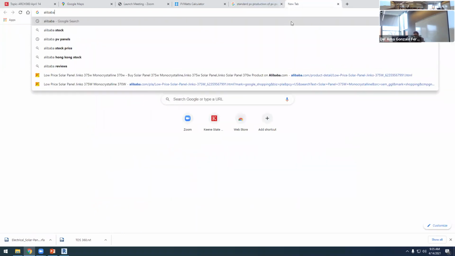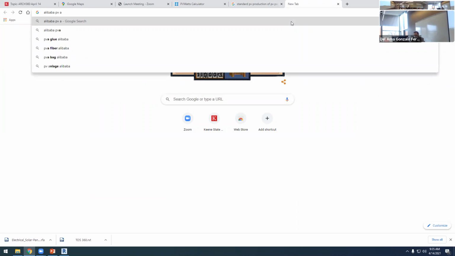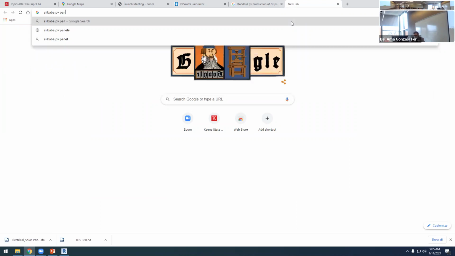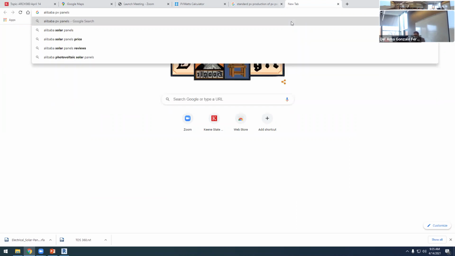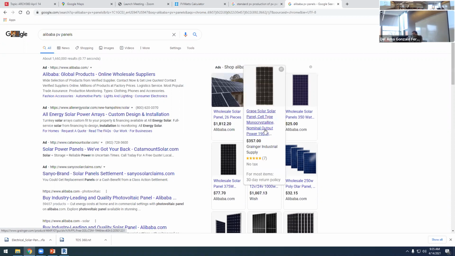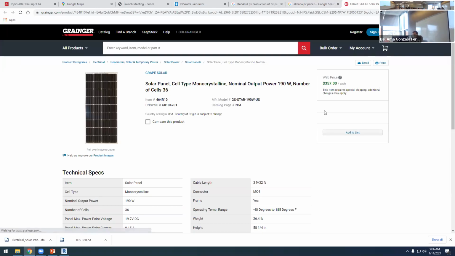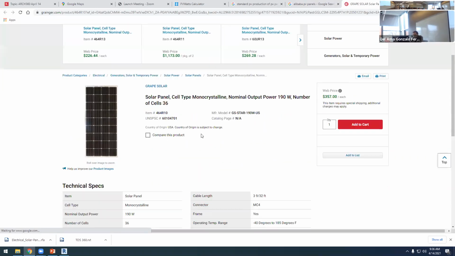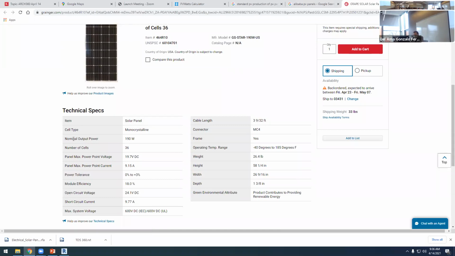Alibaba. Okay, I want to see. Last time we were looking at the price, but now I want to look at the production. So the nominal output power is 190 watts.